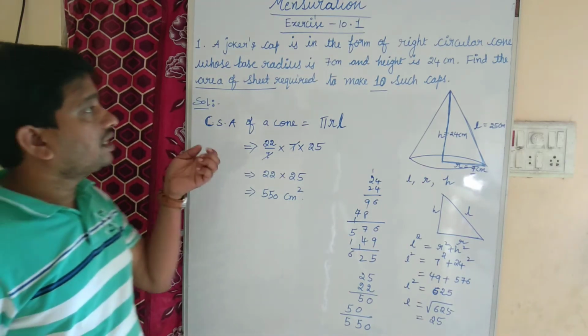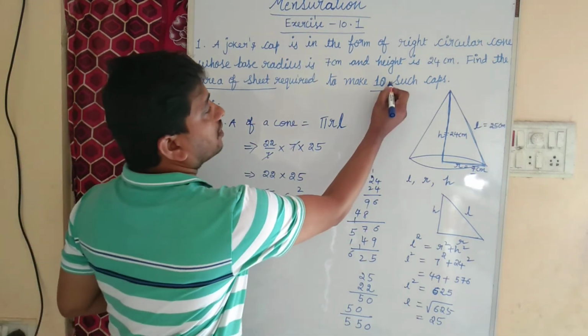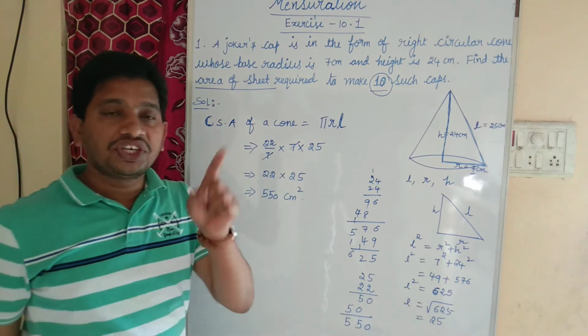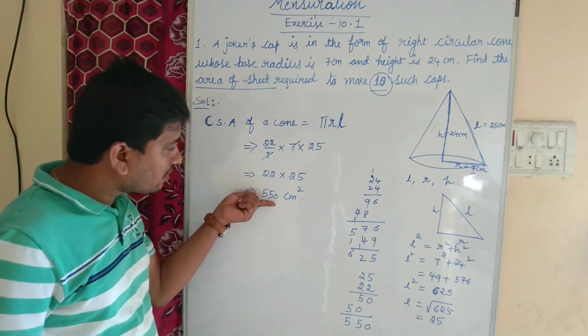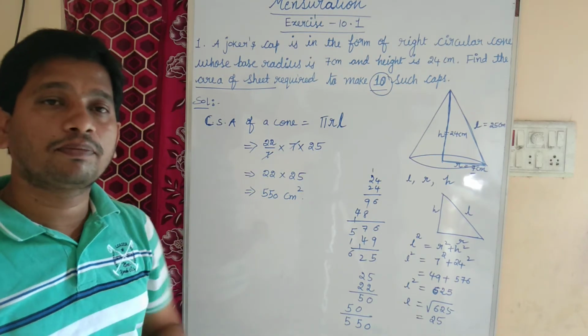But actually they are asking to find the area of sheet required to make 10 such caps. So first we found the area of sheet required to make one cap. This 550 centimeter square is the area of sheet required to make only one such cap.